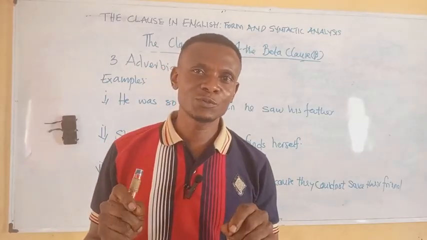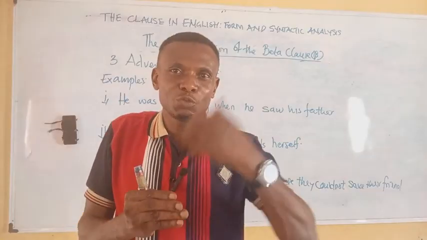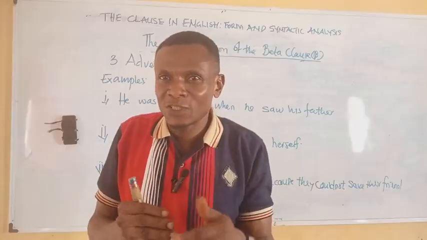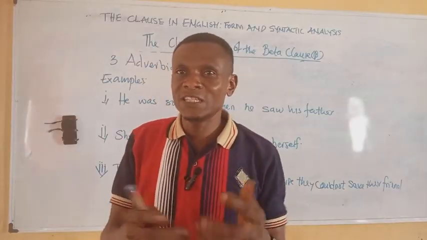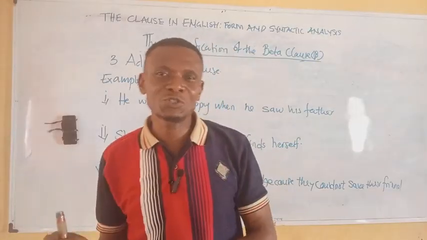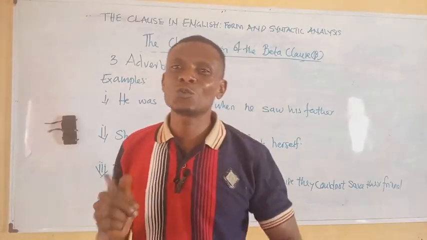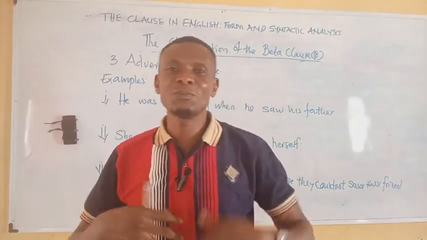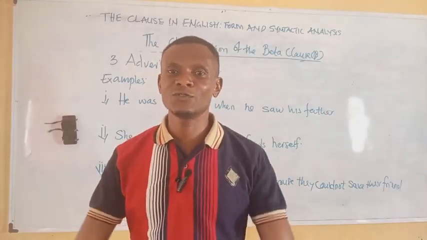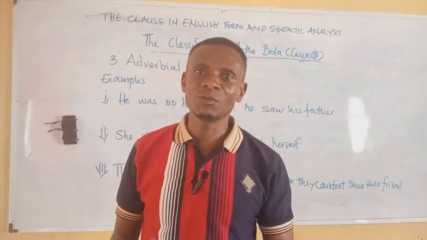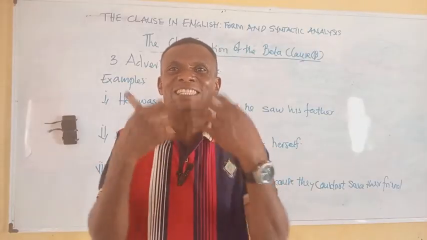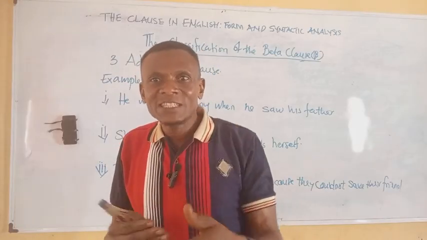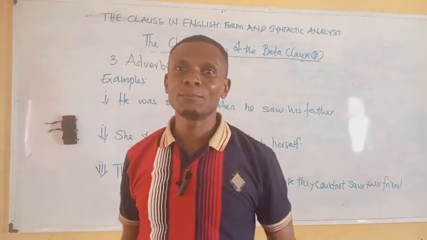An adverb is a word or group of words used to modify and tell us how the action is performed, where the action is performed, the manner of the action, the condition of the action, the concession of the action, the reason for the action, the result of the action, the place of the action. That is the work of an adverb. So when I'm talking about an adverbial clause, it's a group of words that gives the reader the way the action in the sentence is being performed.